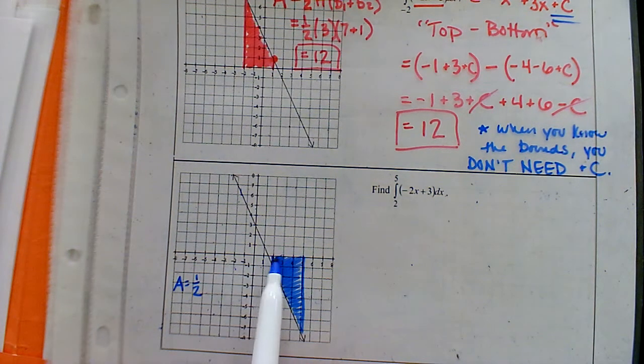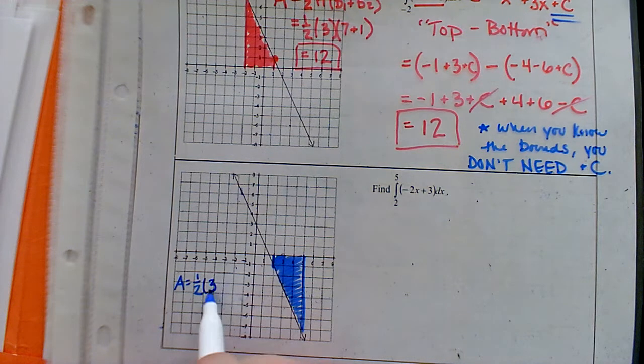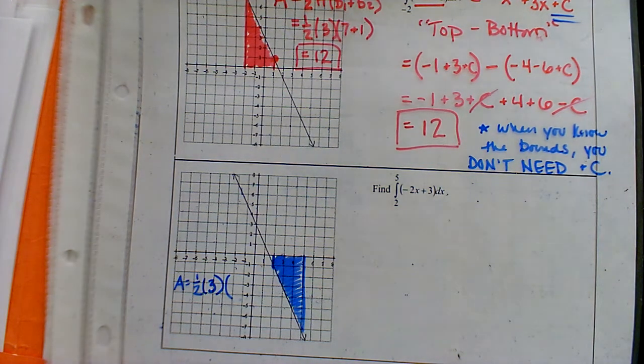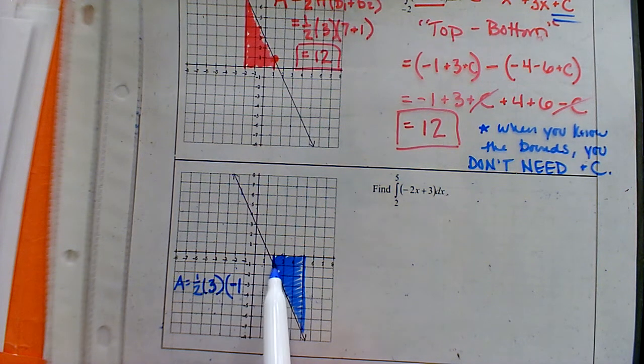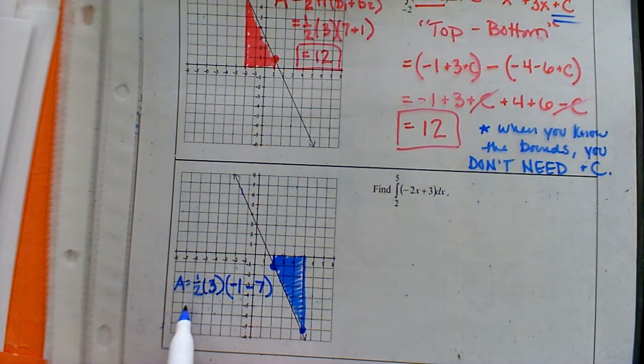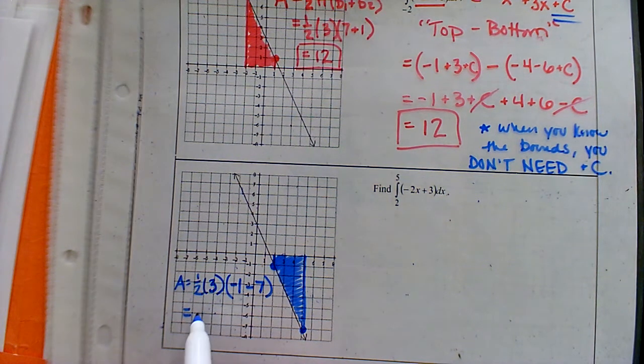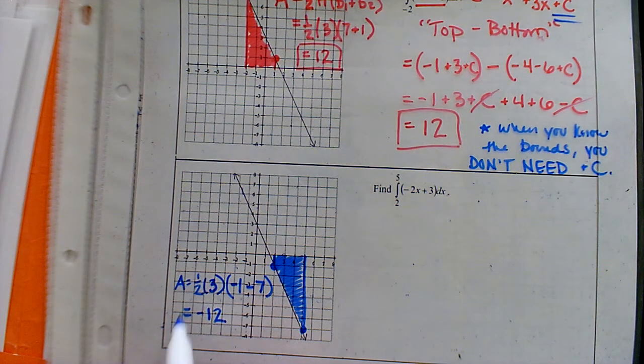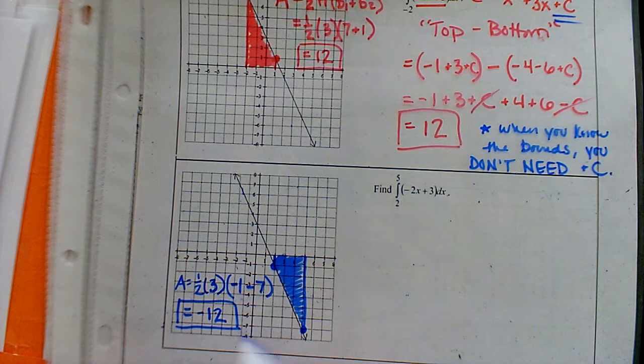Our height is 3 units long. Base 1 is a -1 height, and base 2 is a -7 height. So 1/2 times 3 times -8. We have -12.